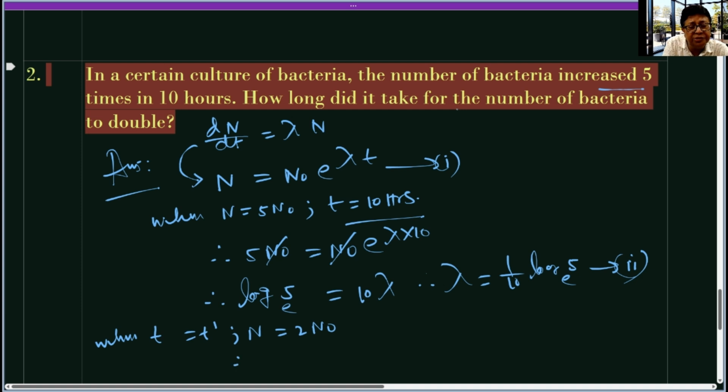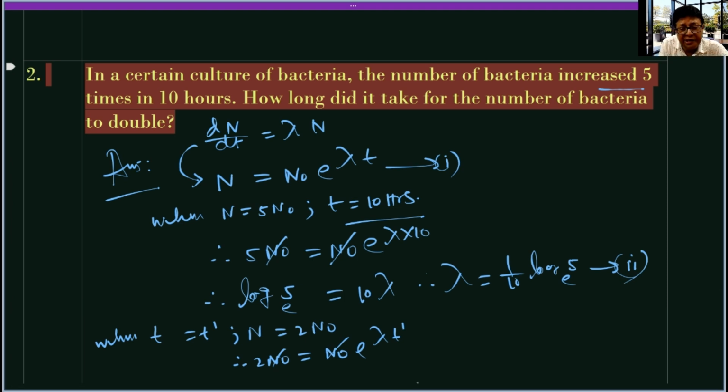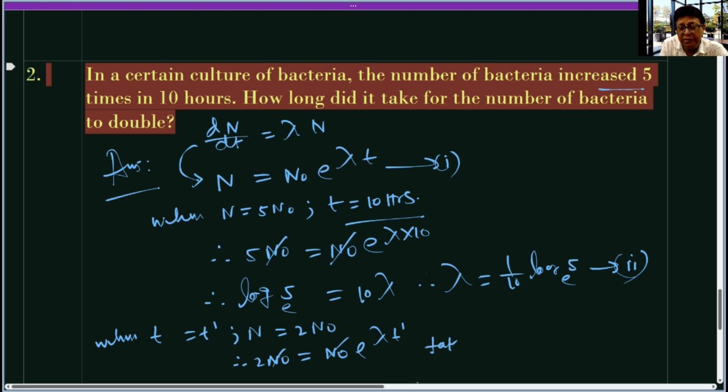We'll be using the same equation. So 2N0 equals N0 e to the power lambda into t dash. These two get cancelled, isn't it? Again take log. Lambda into t dash equals log 2 base e.